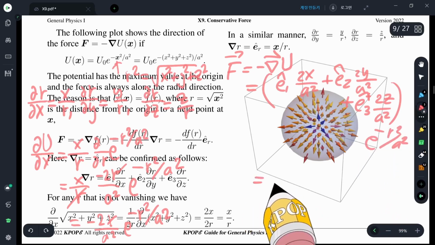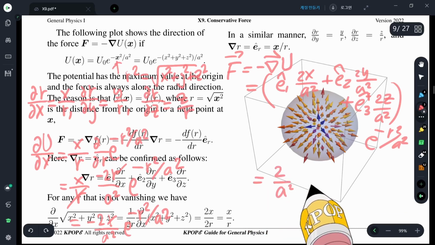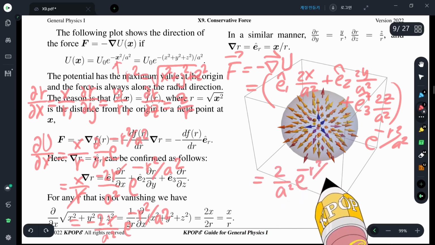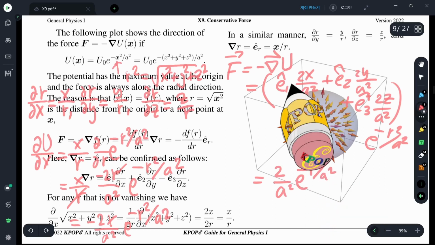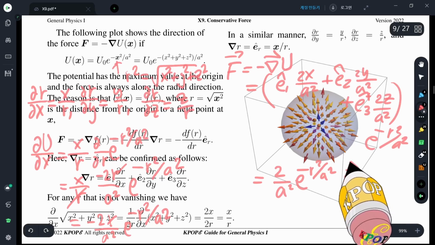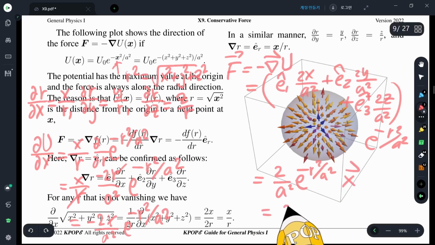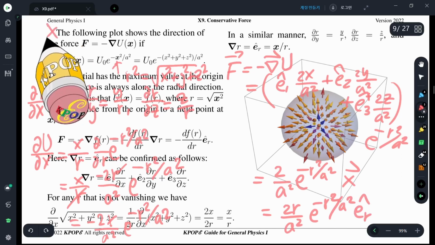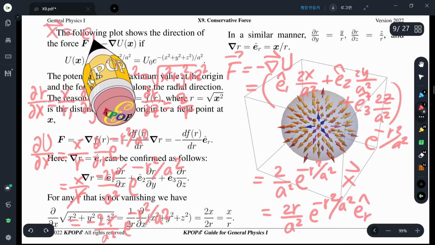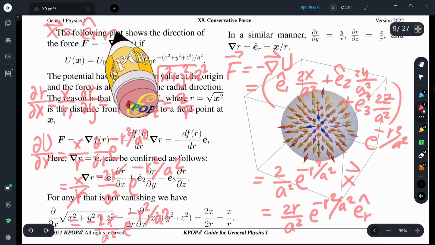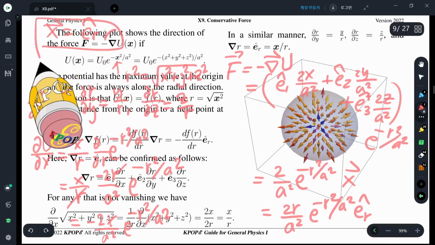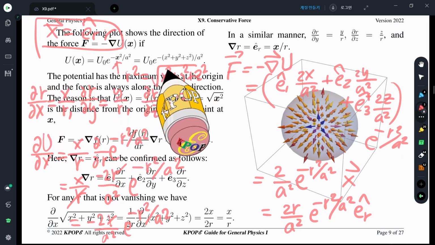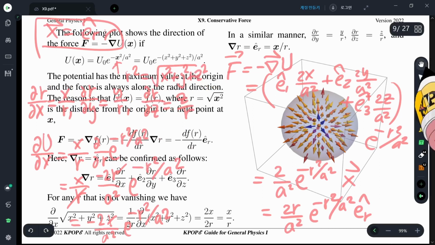If I can simplify this, 2 over a squared e to the minus r squared over a squared, and everything all together, this is the vector x, or 2r over a squared e to the minus r squared over a squared er hat, because x is r er hat. Okay, this is a way to compute the force once you know the explicit functional form of the potential energy.